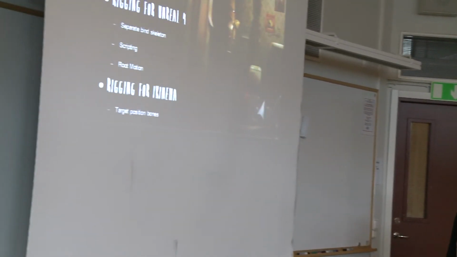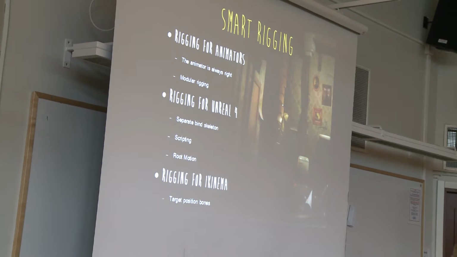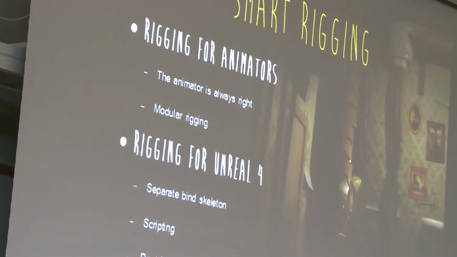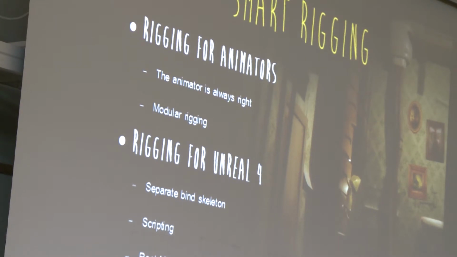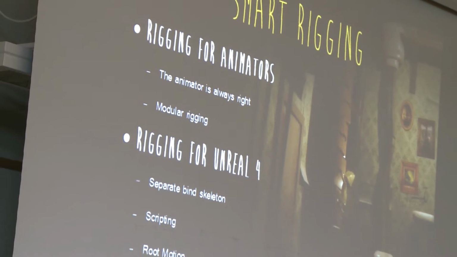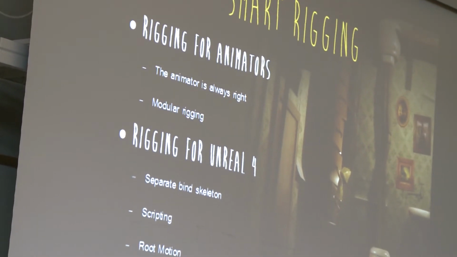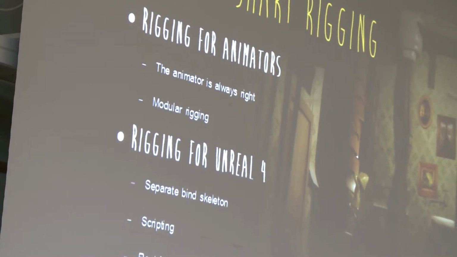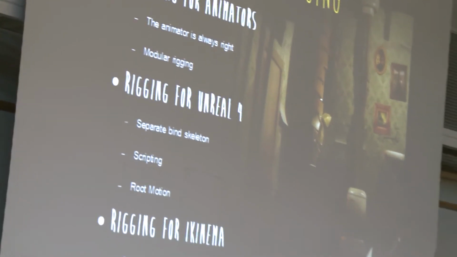So just some rigging advice for anyone who wants to go this route. I've written that the animator is always right, and this is of course false. The animator is basically always wrong. But the key thing is that what the animator wants is the most important.